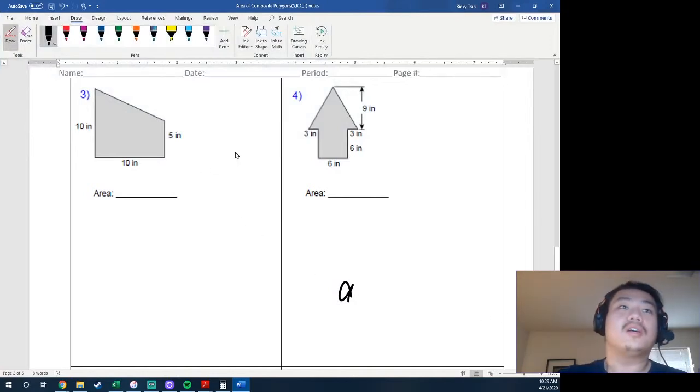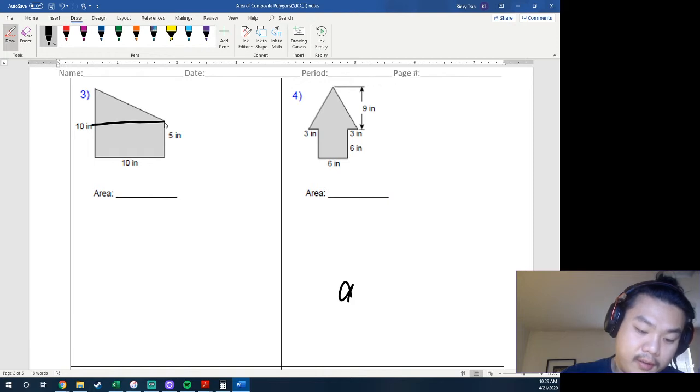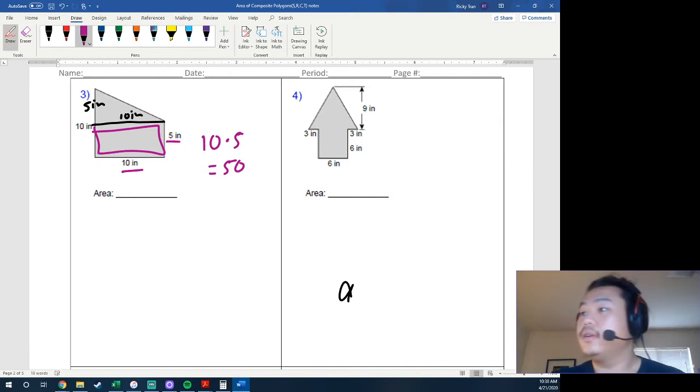All right, so let's get back to this. I'm gonna cut it right here. This is 5 inches, therefore this is also 5 inches. This is 10 inches. So the rectangle is just gonna be 10 times 5, which is equal to 50.